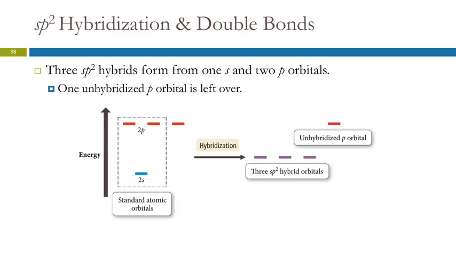So maybe in the hotel, we're not just taking down the wall, we're moving it over. And so these 2 beds got moved into this expanded room, and now that one's off by itself. The price here, the amount of energy here is the same, but these guys are going to be between. So now we have these 3 orbitals. They're called sp2 because it's an s orbital and 2 p orbitals.